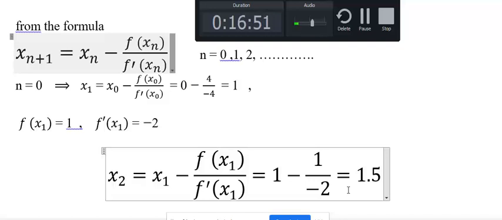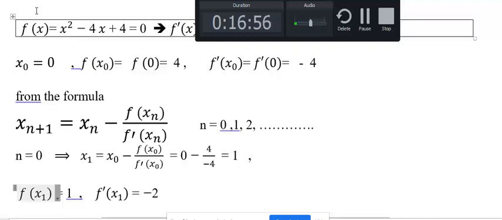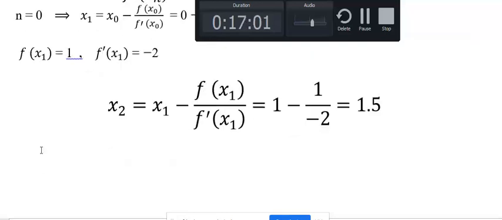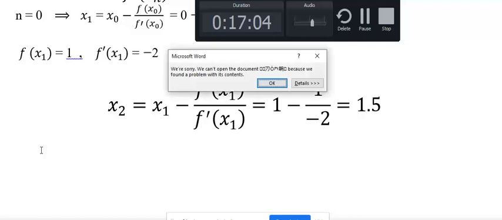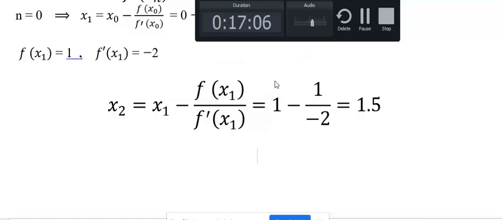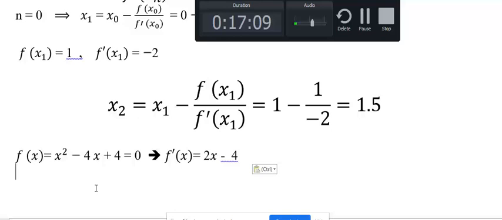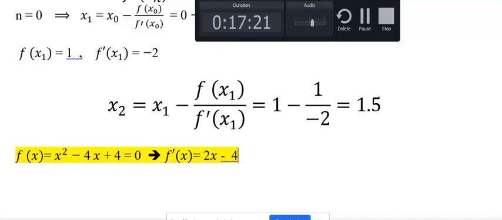Now, is x2 a root for our function? Let's take our function down here. We must evaluate f of x at 1.5. Let's take another student to work with me, okay?